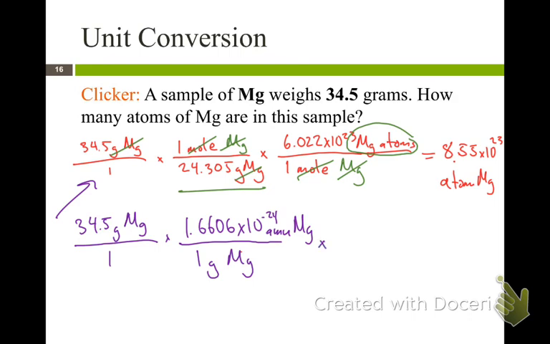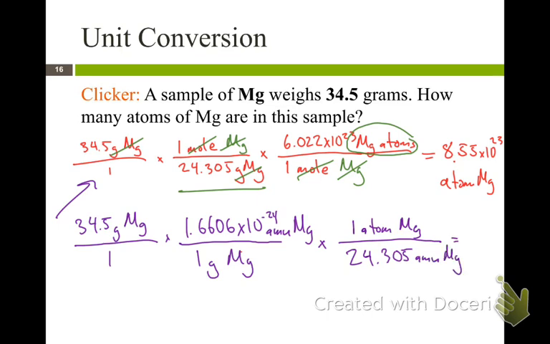If we complete the rest of this problem, now we have the mass in AMU, and we know that the molar mass can also be used as the atomic mass. So we know that if we have 1 atom of magnesium, that weighs 24.305 AMU.